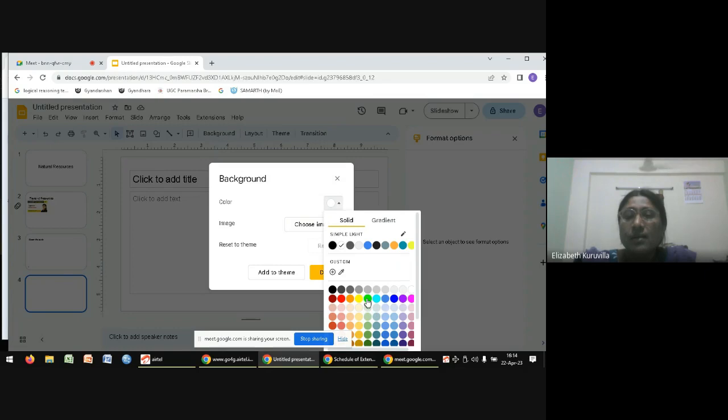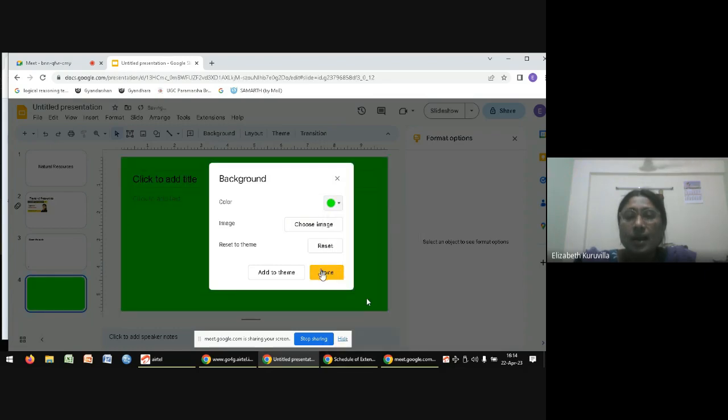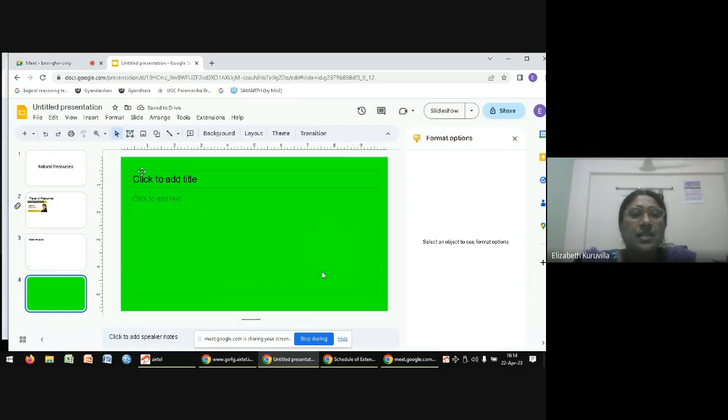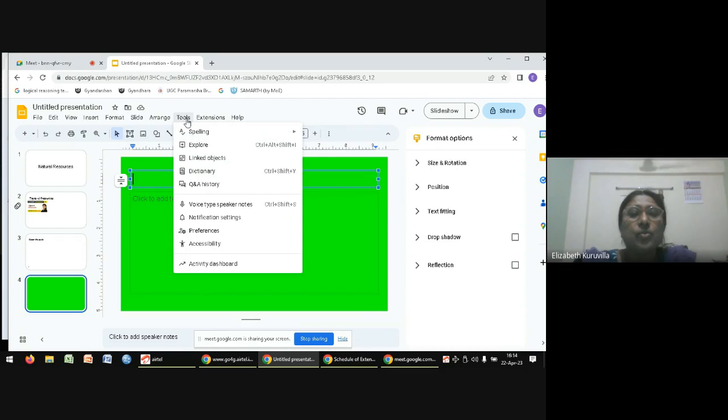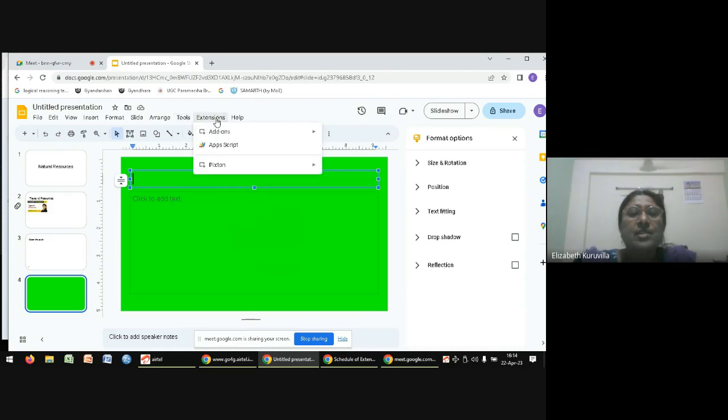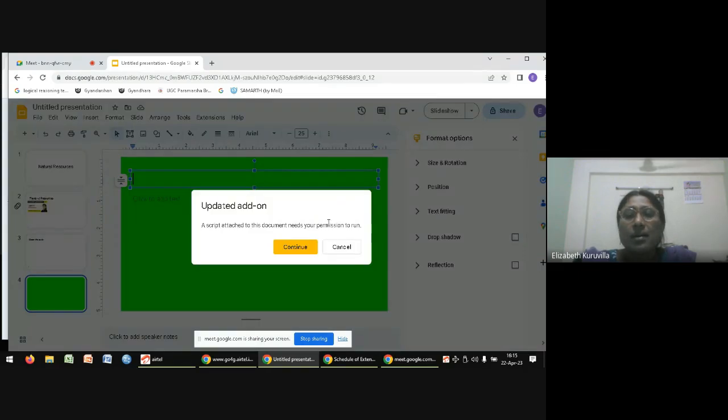You are taking green color, done, so that the color has changed. And then you can type whatever you want. Then some tools you can use also, that is voice type, speaker notes, dictionary. Extensions, here I have extended Pixton. What is this Pixton extension? Updated.